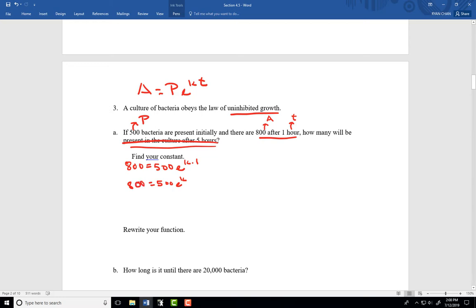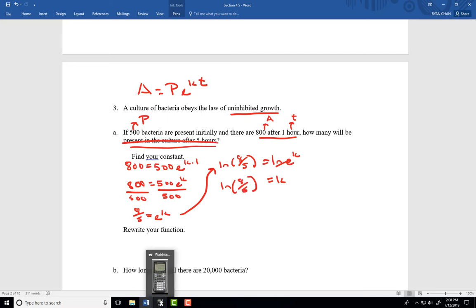Same thing, I'm going to solve for k. I'll first divide both sides by 500. So that is 8/5, which is pretty familiar since we had 8/5 last time. And then I'll take the natural log of both sides. This cancels. I'm left with k is equal to natural log of 8/5. Let's put this in our calculator here.